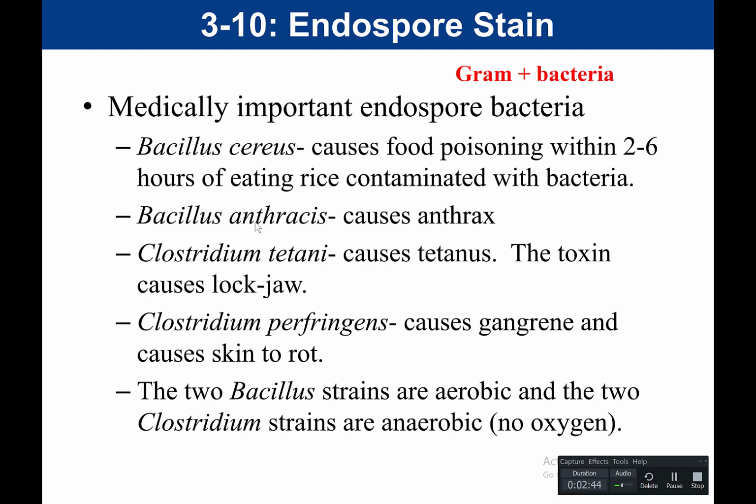You also want to know that there are 2 genera of bacteria that most commonly have endospores, and that is Bacillus, which is aerobic, and Clostridium, which is anaerobic, and that both of these genera are gram-positive bacteria. So more commonly, endospore-producing bacteria will be gram-positive. There are some exceptions, but generally speaking, endospore-producing bacteria are gram-positive, and usually Bacillus or Clostridium.